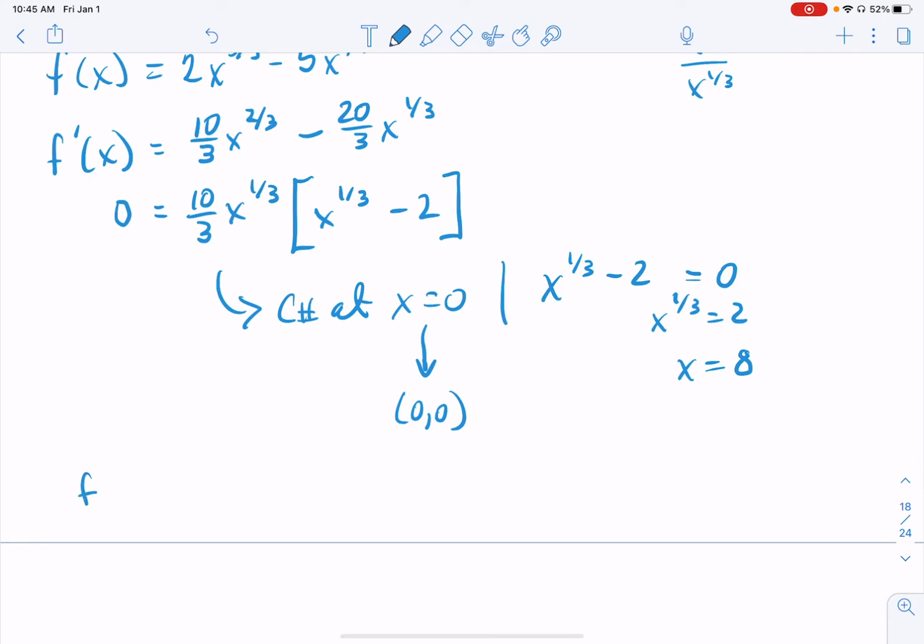So we'd have f of 8 is equal to 2 times 8 to the 5/3 minus 5 times 8 to the 4/3. And I know what you're thinking. You're thinking, oh, I need a calculator for this, which would be helpful, but I think we can do this one because it is cube roots of 8, which are handy because the cube root of 8 is just a 2. In both of these cases, a 2 and a 2.